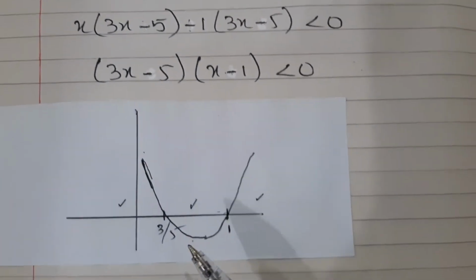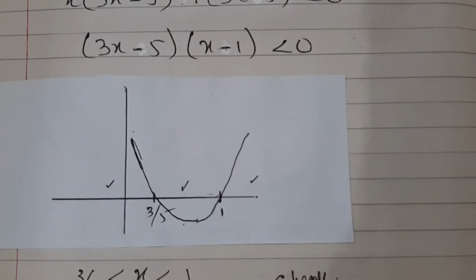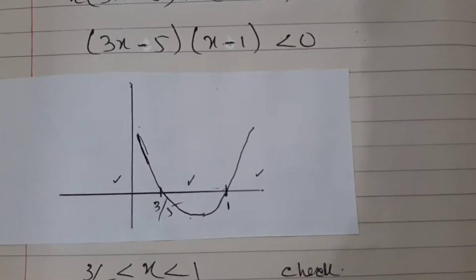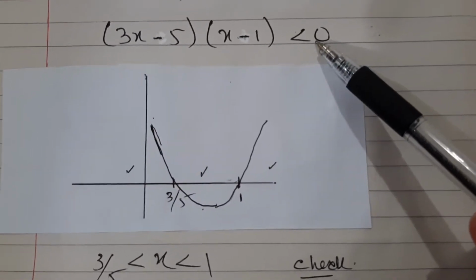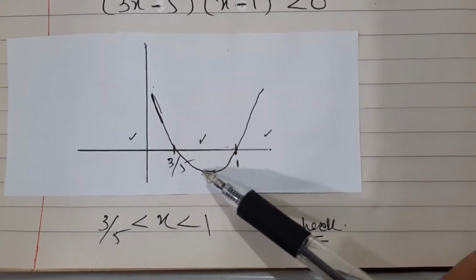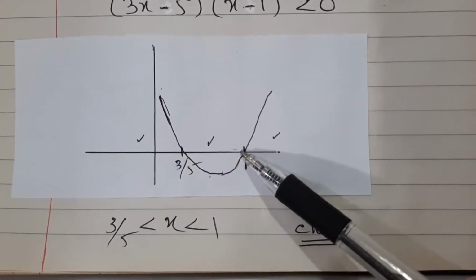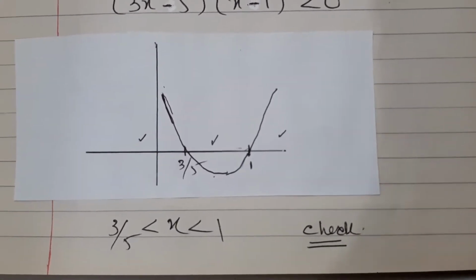If I show you the sketch, it is like this, 1 and 5 over 3. Because it is saying x is less than 0, I'm talking about this part of the curve. And on this part of the curve, the values of x are between 3/5 and 1.